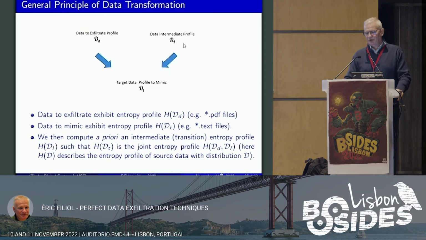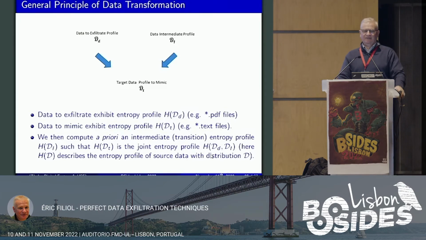For this, you generally have to consider an intermediate profile in order to mix with the data profile. And for this, you have a very useful tool, which is a joint distribution or joint entropy profile.